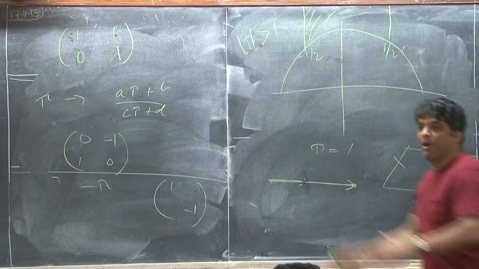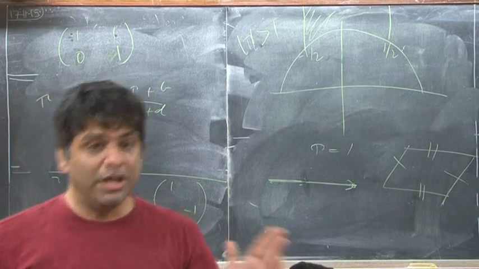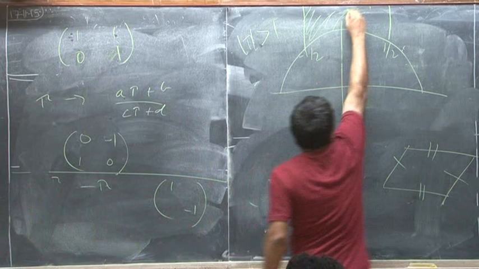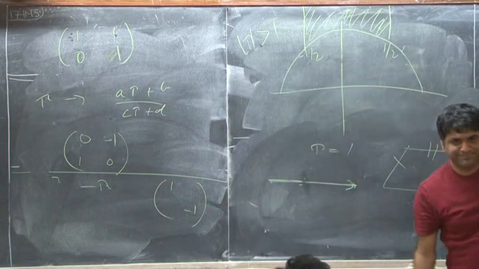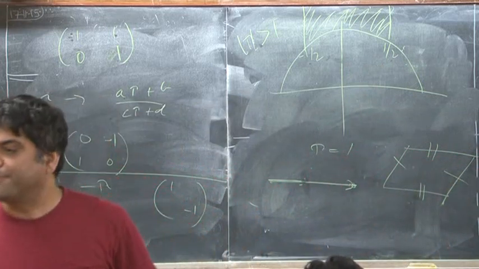Now, mod tau greater than 1 is a large space. It is also possible to simultaneously choose tau to lie between minus half and half, the real part of tau to lie between minus half and half.